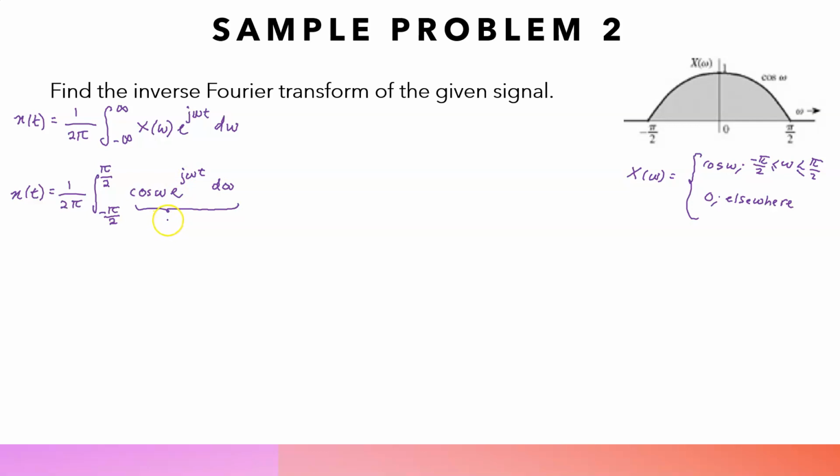As I have explained in the previous video on sample problem number 1, what we can do is apply integration by parts, where the general equation is uv minus integration of v du. Now you have two terms, cos omega and e^(j omega t), so you can choose either one to be u and dv.